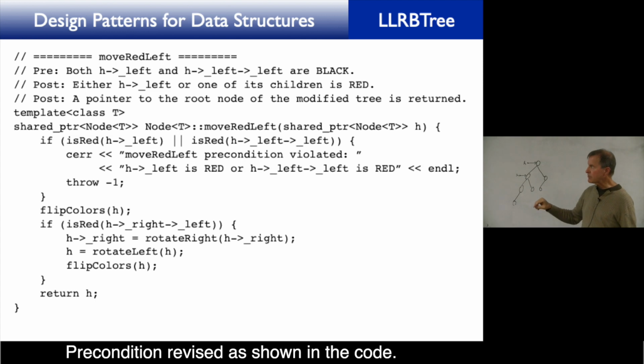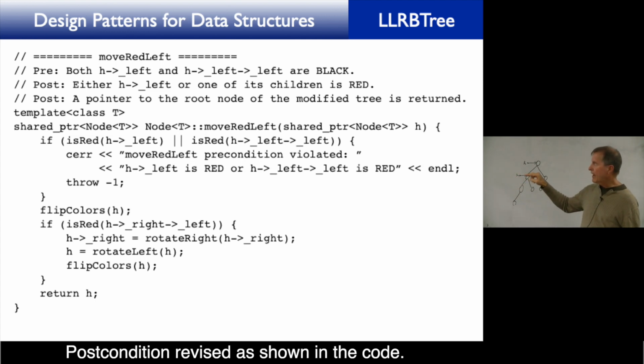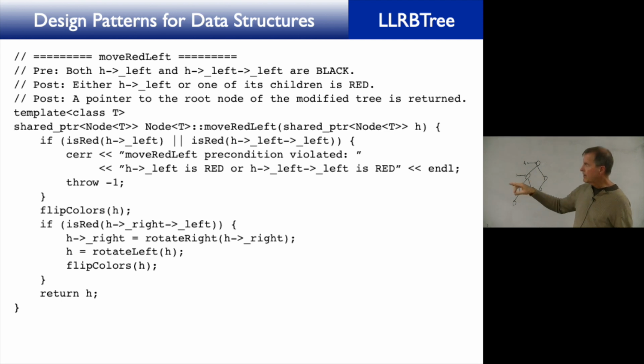Okay, so that's a precondition. And the invariant is that either H or H arrow left is red. We're not going to call it if both of these are black. All right? And the post condition is that a pointer to the root node of the modified tree is returned. So whatever H is, it'll do that adjustment.